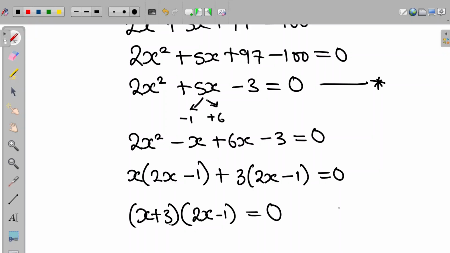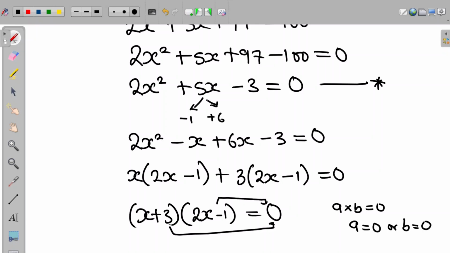So we know that if a multiplied by b is equal to 0, it is either that a is equal to 0 or b is equal to 0. So therefore, x plus 3 is equal to 0 or 2x minus 1 is equal to 0.